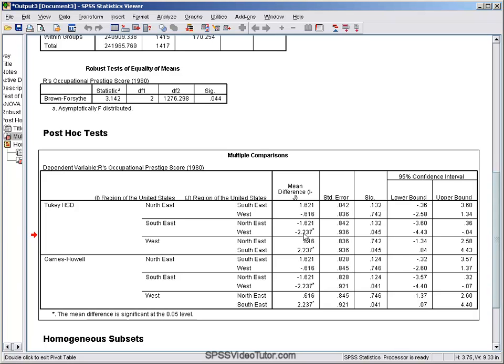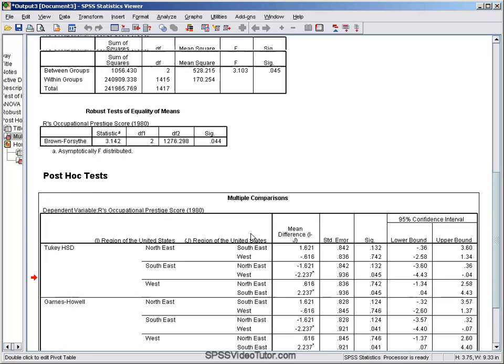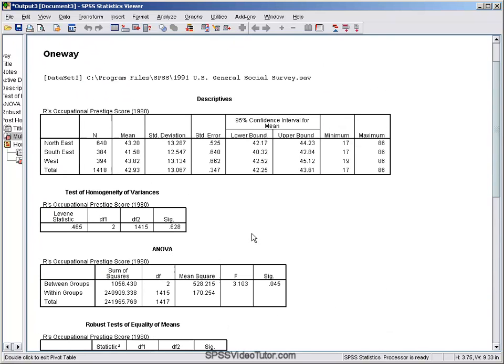Therefore, we see that the respondents in the southeast region have significantly different occupational prestige scores than those in the west.